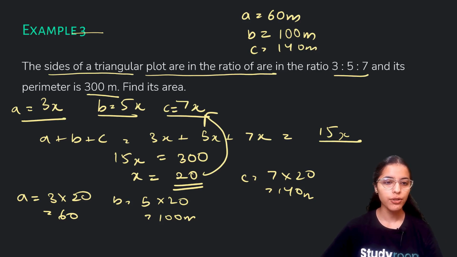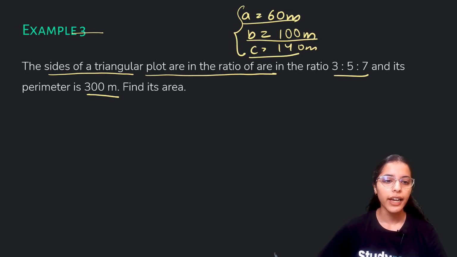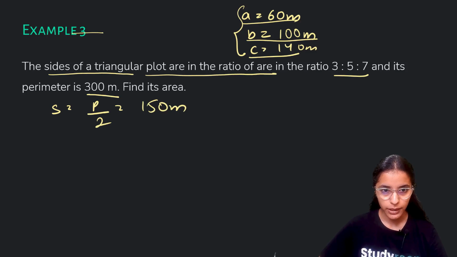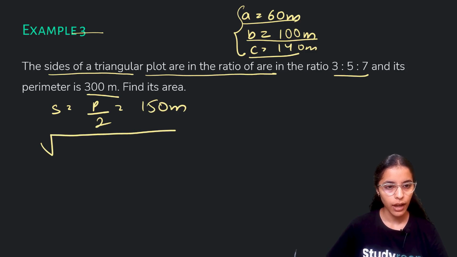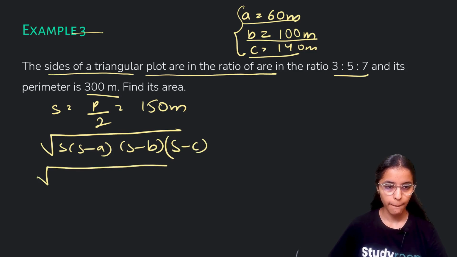Now, all we have to do is to find the area using Heron's formula, because we have got the sides and now let us find the semi-perimeter. It is very simple. It is already given that perimeter is 300 meters. So we'll just divide by 2 and get 150 meter. Now Heron's formula: under root S into S minus A, S minus B, S minus C. S is 150.